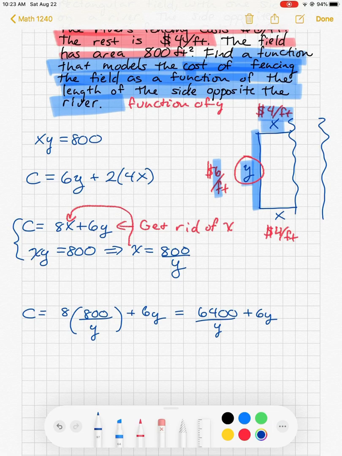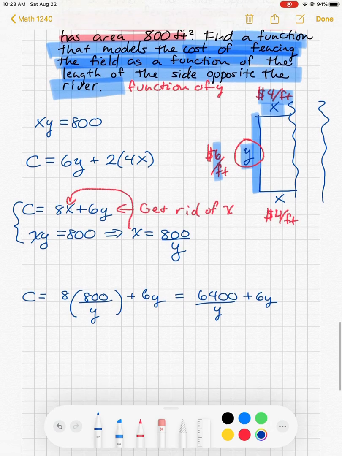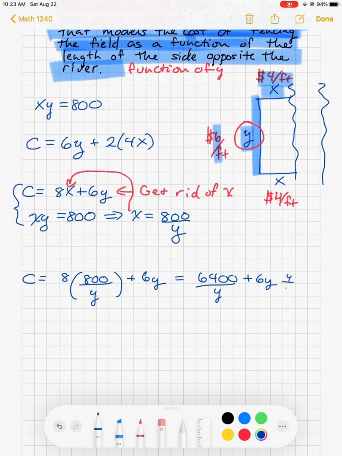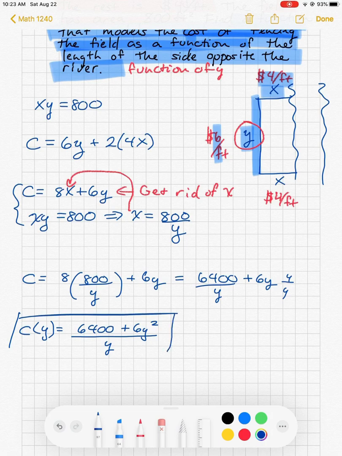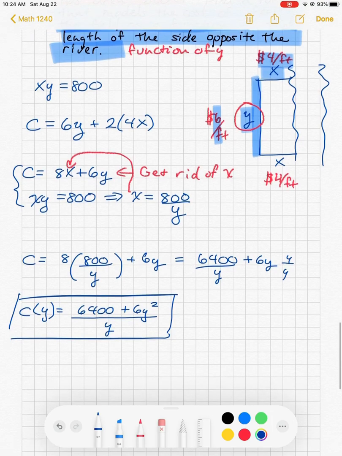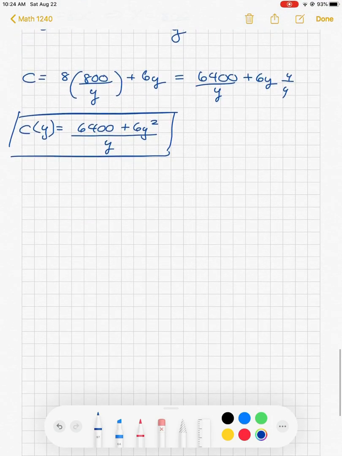And then I guess I'd probably do an LCD. So I would multiply this by y over y. So I'd have 6,400 plus 6y squared all over y. And then there's the cost as a function of the side y, which is the side opposite to the river. These guys come up a lot in calculus. It's a good problem. That's the last one.